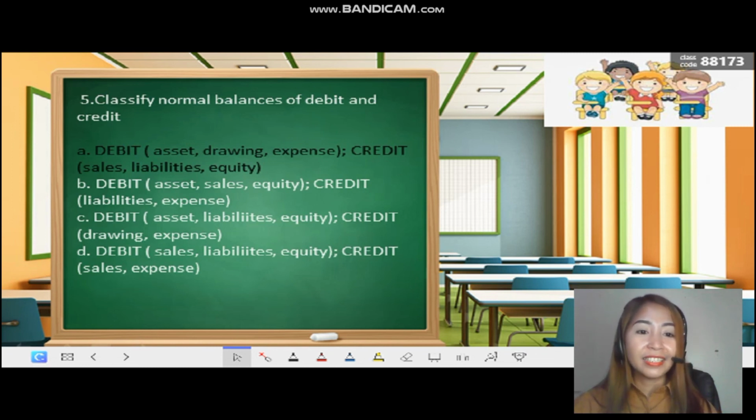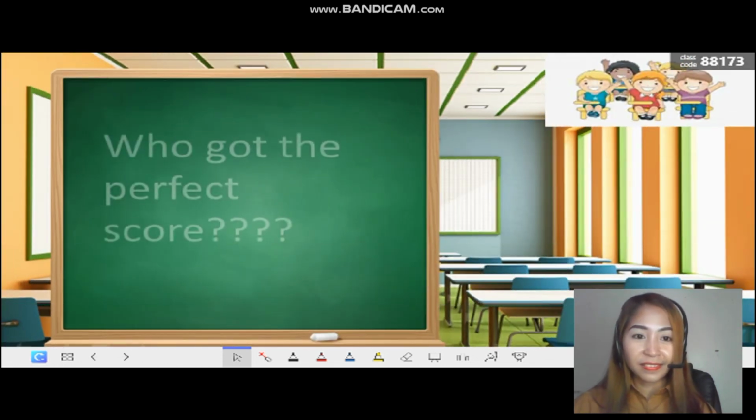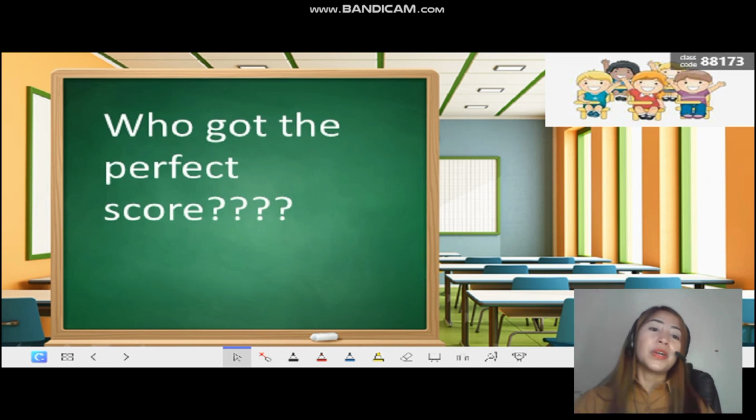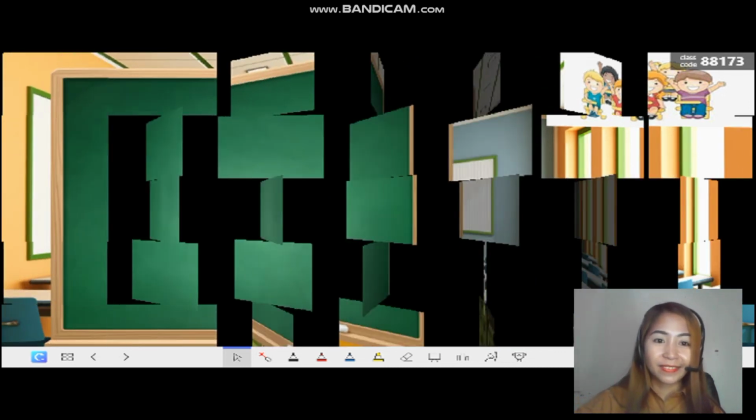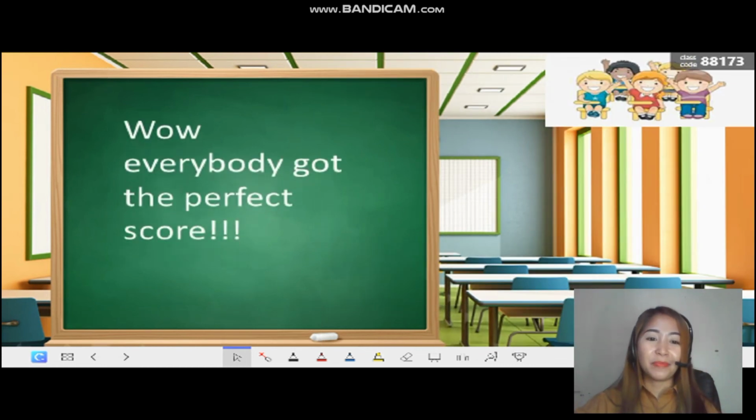Letter A. Debit: asset, drawing, expense. Credit: sales, liabilities, and equity. And now, who got the perfect score? Wow, everybody got the perfect score.